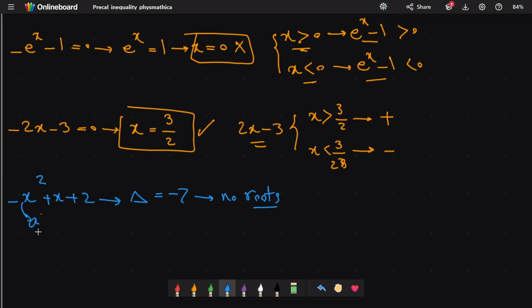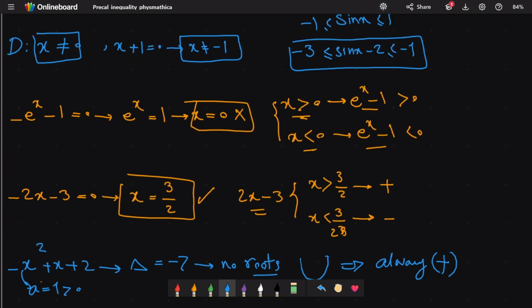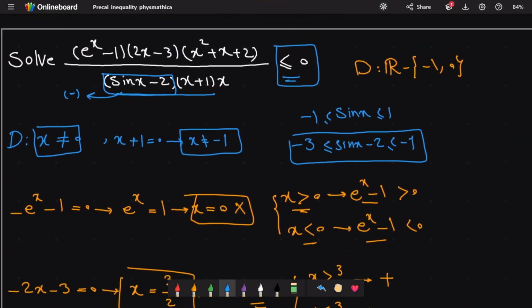Again, here, we have an a which is 1, a positive number, so we can just simply say that the parabola looks like this, and because there is no root, it never touches the x-axis, and from here we can also conclude that it's always positive. So at the moment, if you take a look at this, again, we have very simple ideas here. This factor is always negative, and this factor is always positive in any case.